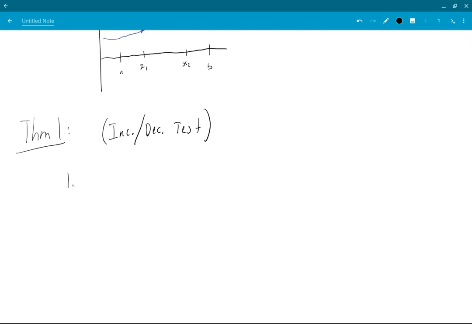Number 1: if f prime of x is bigger than 0 on an interval I, well, the first derivative is positive, so the slope of the tangent line is positive, so no surprise here. We get that f is increasing on I.